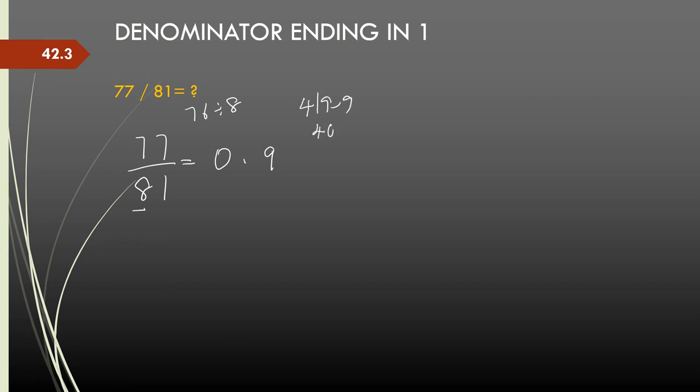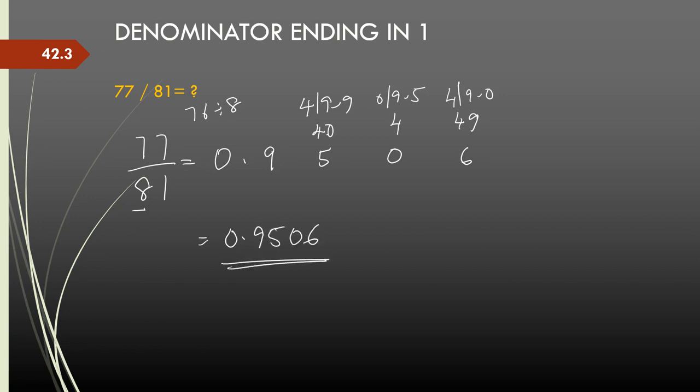So, that becomes 40. 40 over 8 is 5, 0, 9 minus 5, this is 4. 4 over 8 is 0 times, 4 is the remainder, 9 minus 0, that is 49. 49 divided by 8 gives me 6 or 48, and it will continue. So we can stop if we need only 4 decimals, for example. You see how quickly we've been able to convert 77 by 81 into 4 decimals.